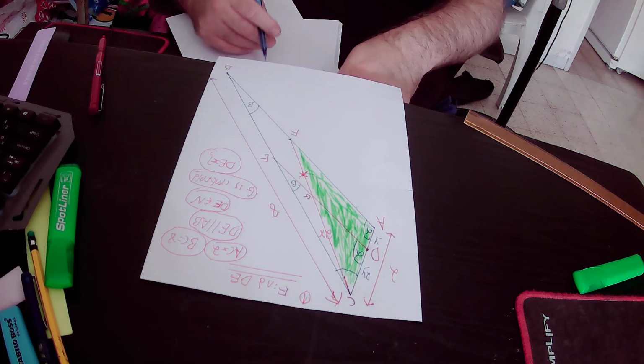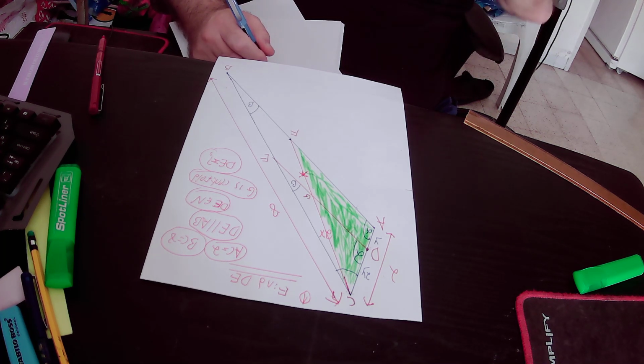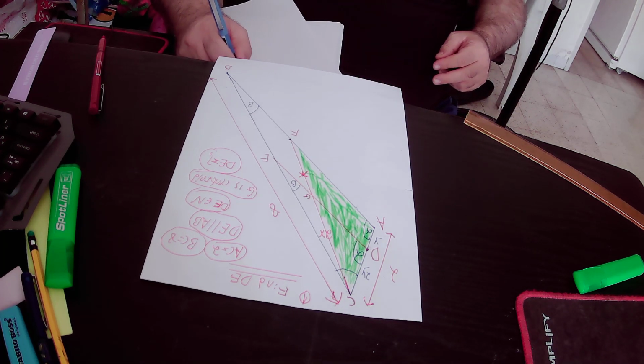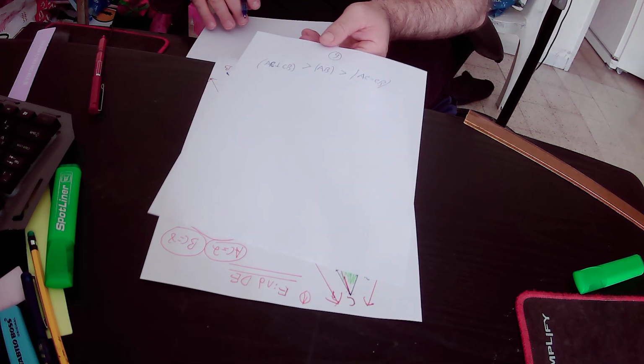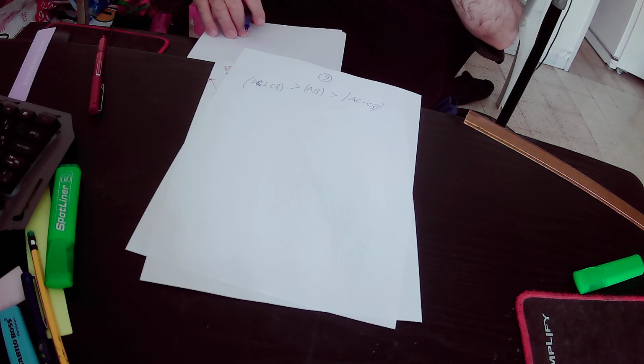from the other side, AB will be bigger than AC minus CB, or the absolute value of AC minus CB. Again, the second part of rule number 4 states that AB will be bigger than the absolute value of AC minus CB.